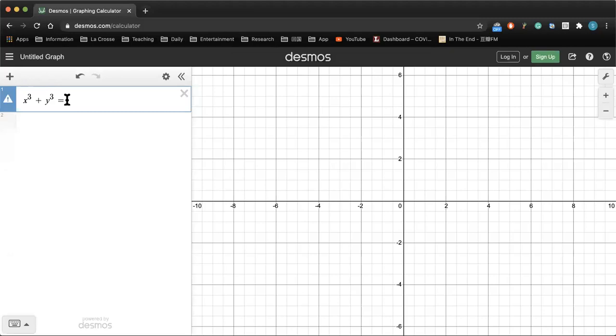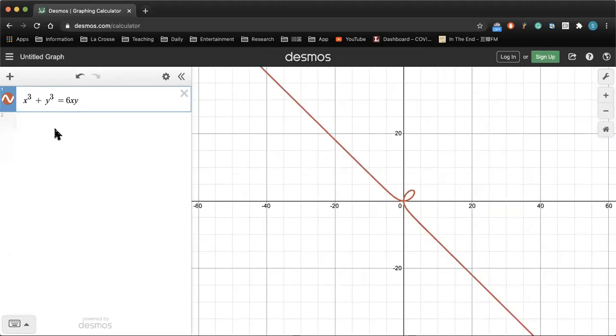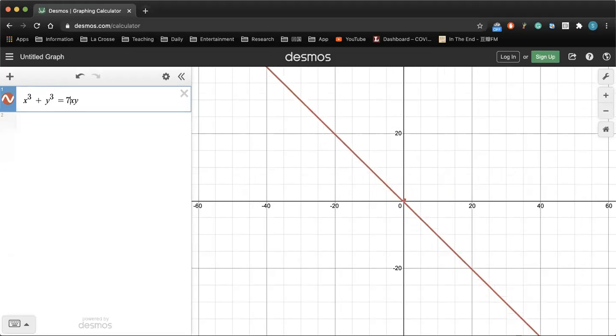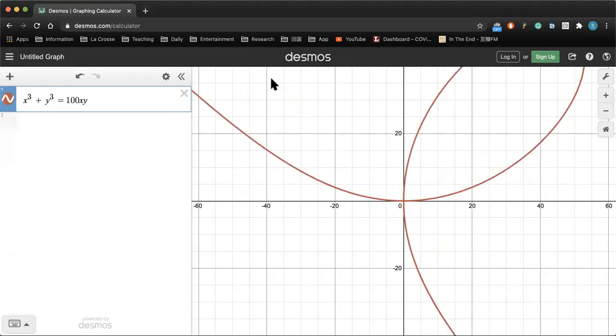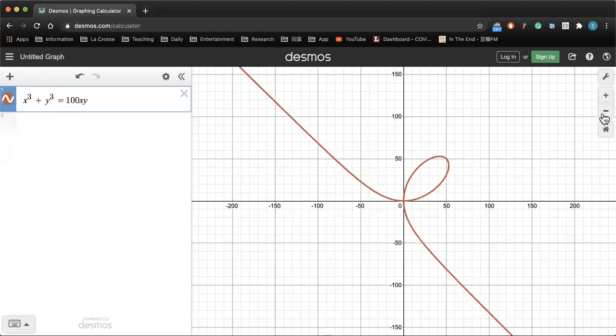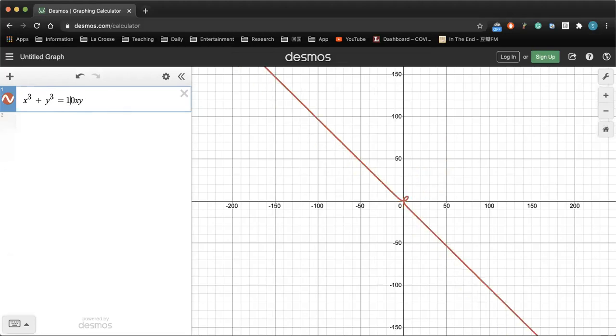The shape looks like this. Okay, you can play with the number here. We pick a 6, but you can do 5, 6, 7, 8, or maybe you can do 10. Okay, maybe 100. No matter what you do, that basically changes the size of the folium. So that's something fun Descartes discovered.